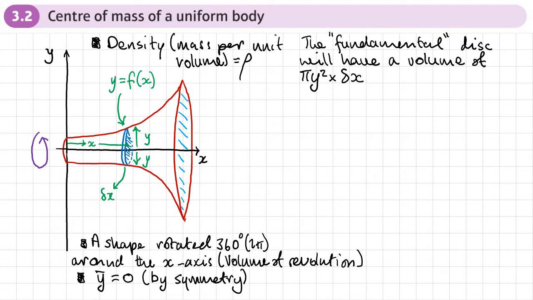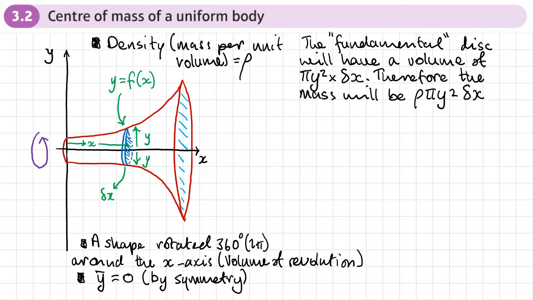So one of these, what I'm going to call fundamental discs, will have a volume of pi times the radius squared, which is y, times its thickness, which is delta x. Therefore, the mass of this fundamental disc will be its volume times the density.